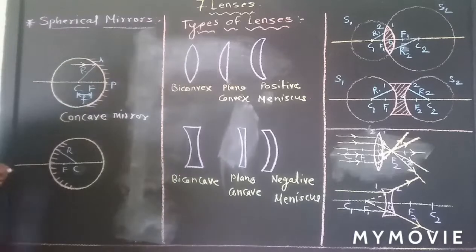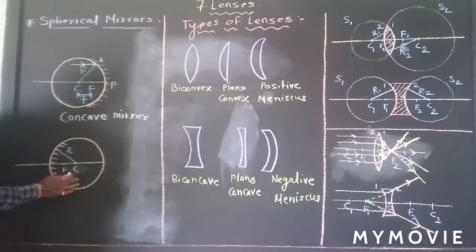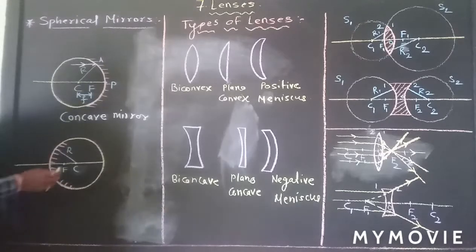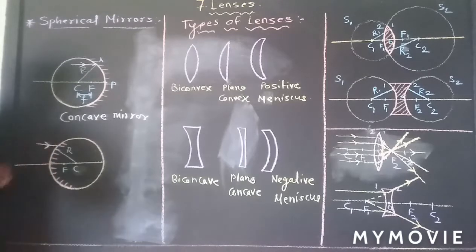In this second figure, you will see a part of a sphere where the outward portion is kept reflecting. That means the inner portion of that sphere is coated with a thin layer of silver and with red paint to protect the silver coating, so the outer part is reflecting.